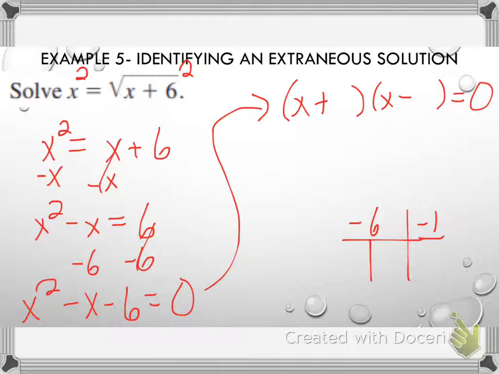Someone give me 2 factors of negative 6. 1 and negative 6. What does 1 plus negative 6 give me? Negative 5. We want negative 1, so that's not it. Someone else give me 2 other factors. Negative 3 and 2. What's negative 3 plus 2? Negative 1. That's what we want, right? So I can stop there. So I get x plus 2, x minus 3. Everyone's still good with factoring?